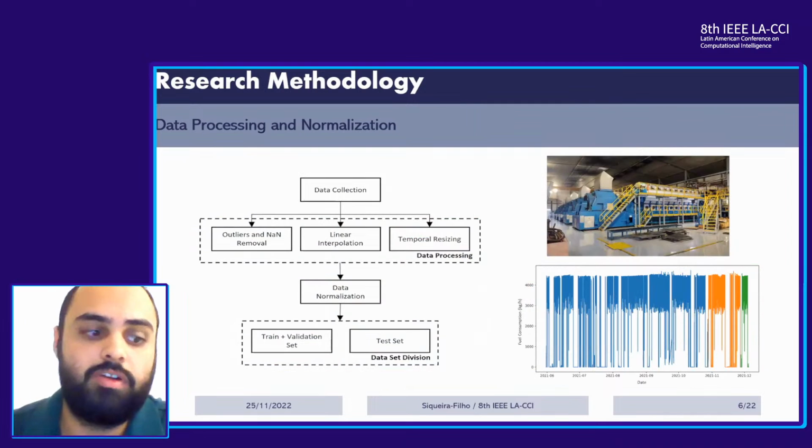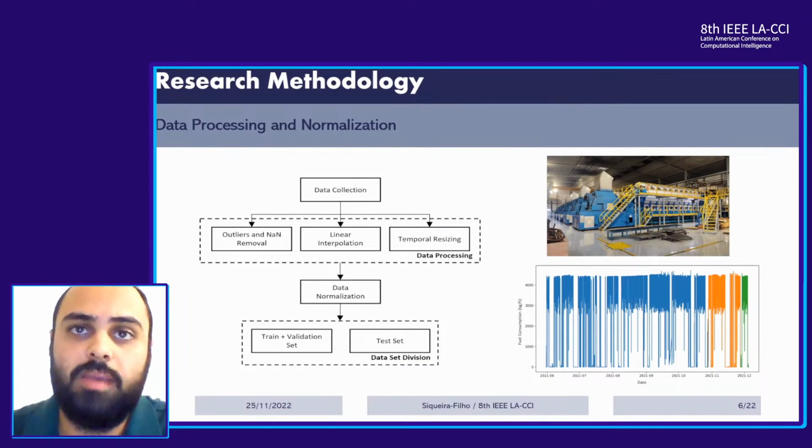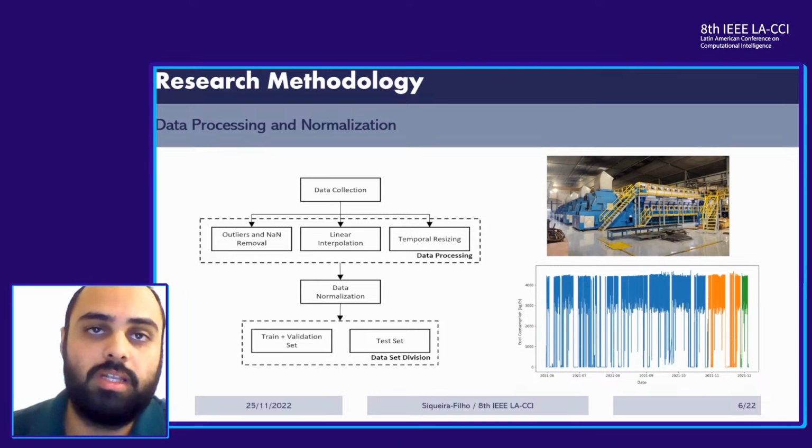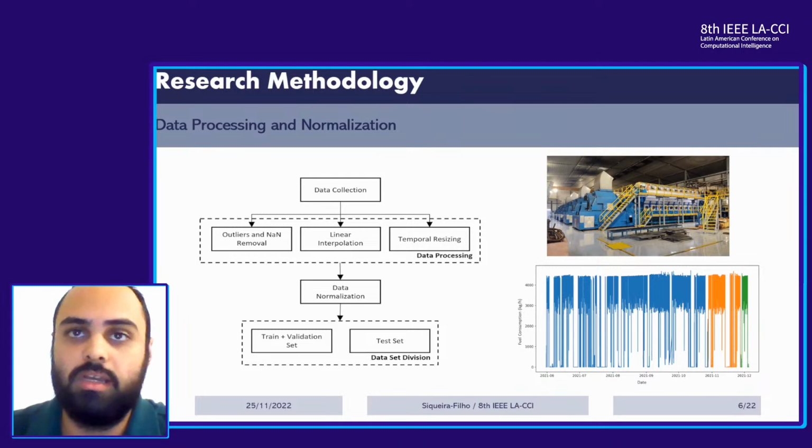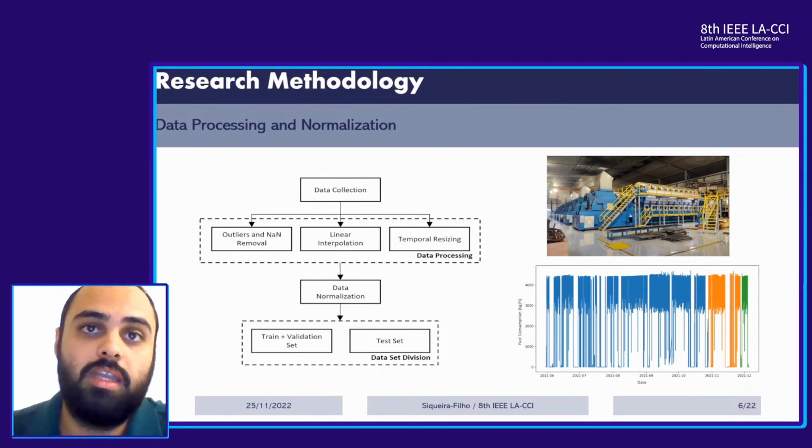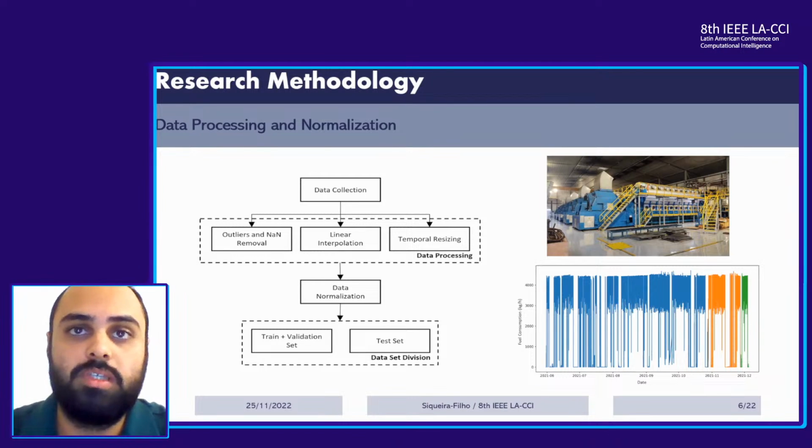Well, for data preparation, the first step was to process each one of the analyzed variables. In this step, all periods containing outliers and empty information were identified, and each of these samples was replaced by a linear interpolation between adjacent values. Also, to maintain uniformity in the model inputs, it was necessary to group the samples in equally spaced values of 1 minute.